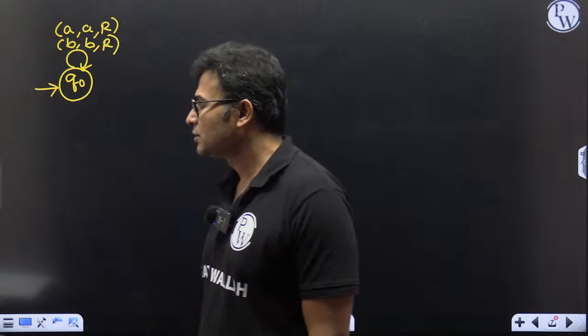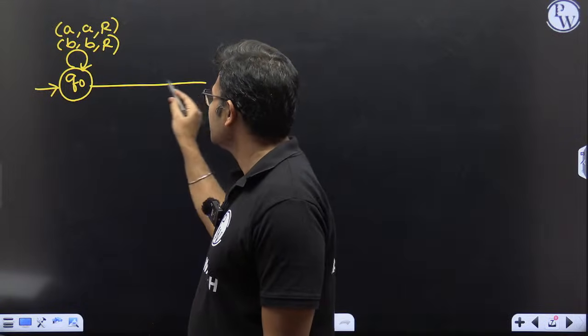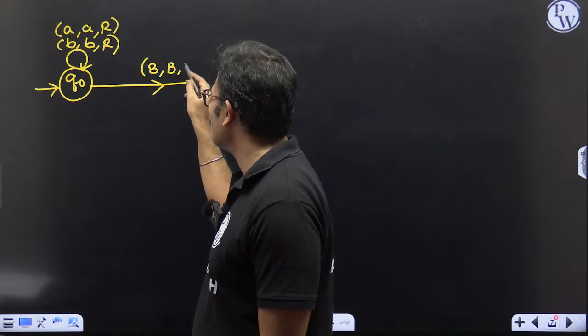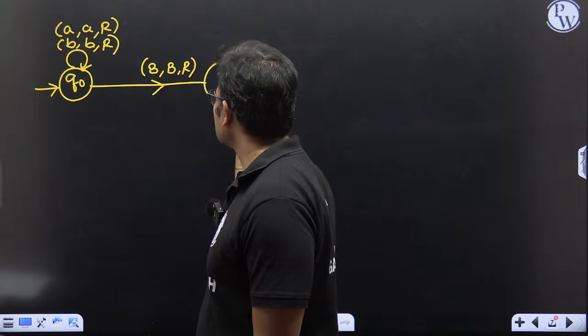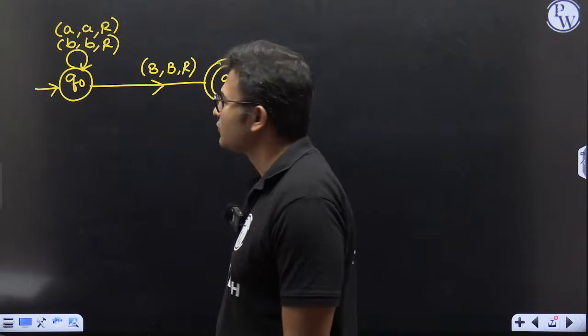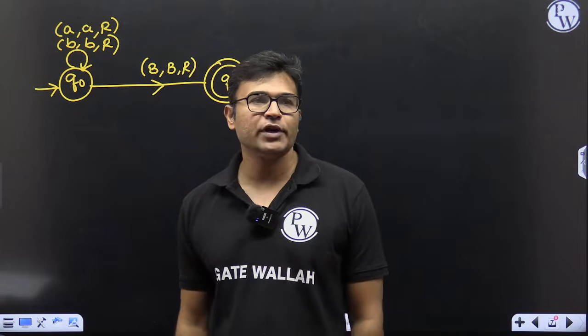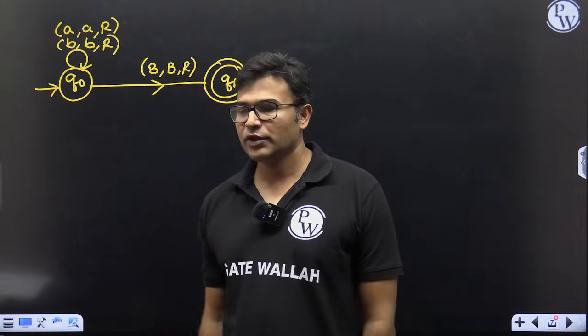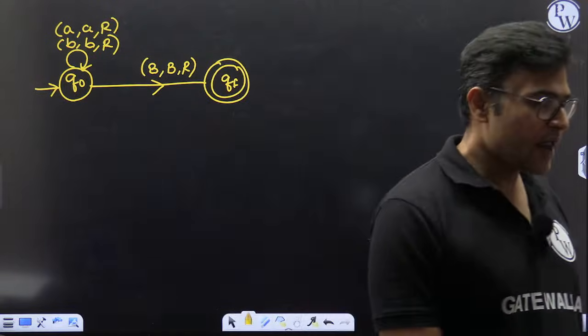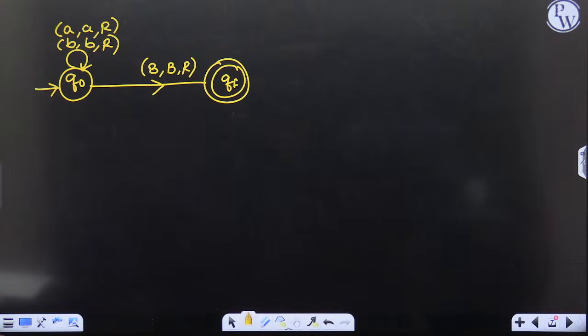Now, on seeing a blank, it will leave it as a blank and move right, and it is going to final state QF. So try to answer this one. What is the language accepted?